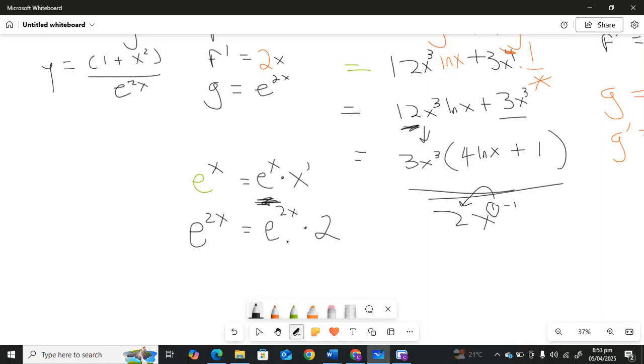So this is how we've derived e to the power 2x. You write the expression as it is, then you derive the exponent. So g prime here is 2e to the power 2x.